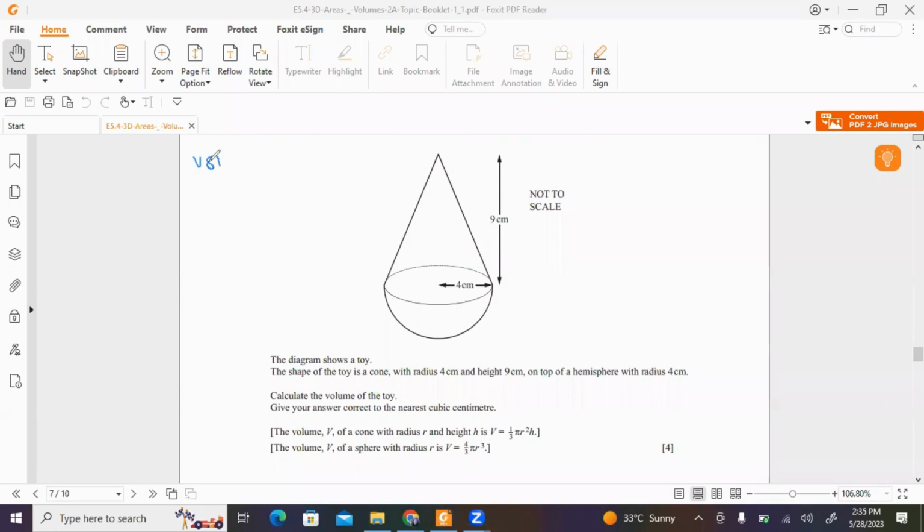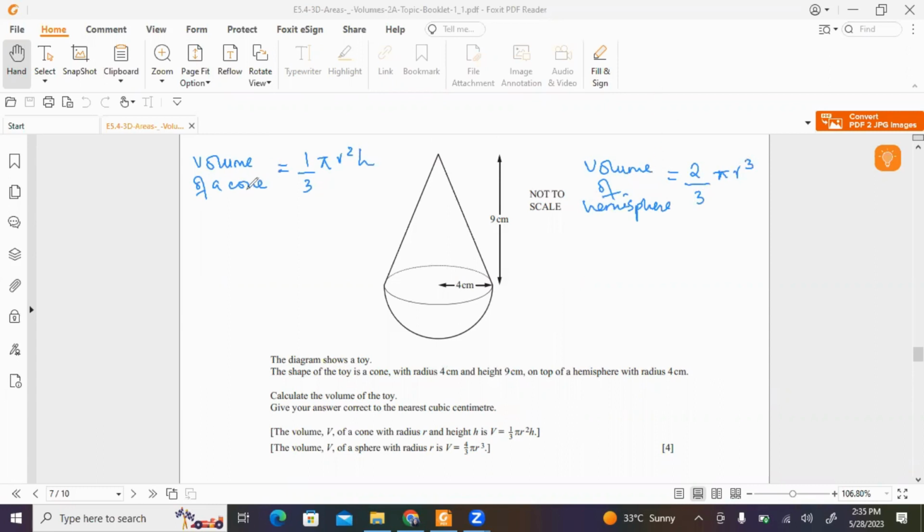So volume of the cone is equal to 1 over 3 pi r squared h, which is also given in the question, and volume of the hemisphere, which we've done in the previous questions as well, is 2 over 3 pi r cubed.